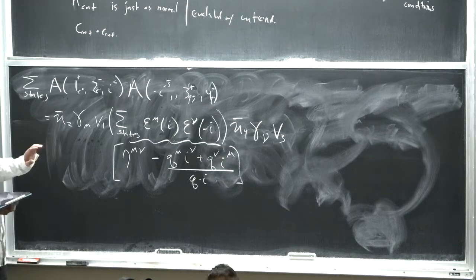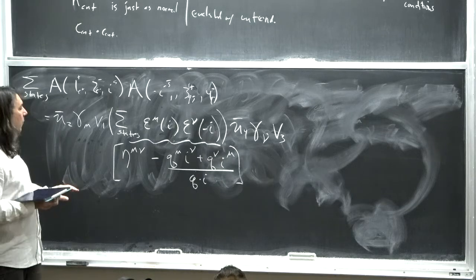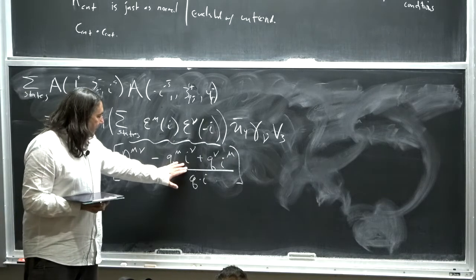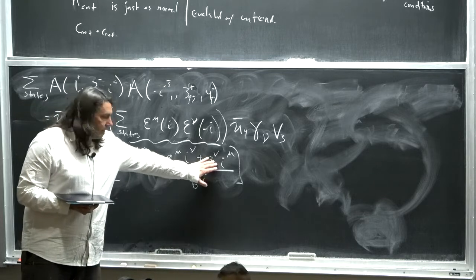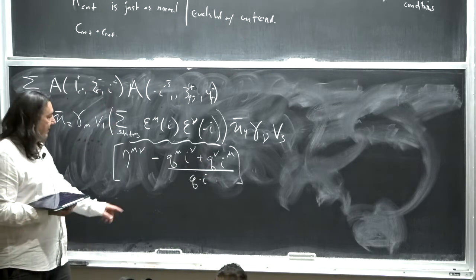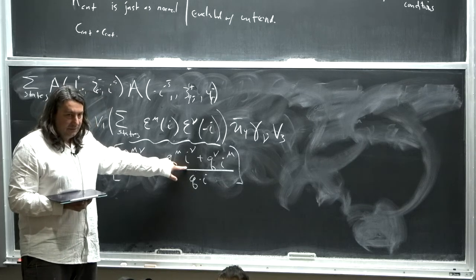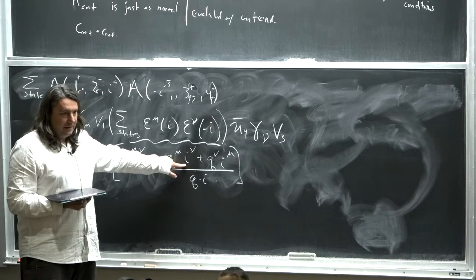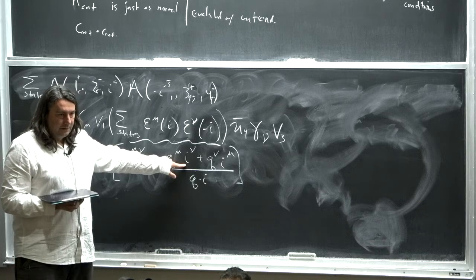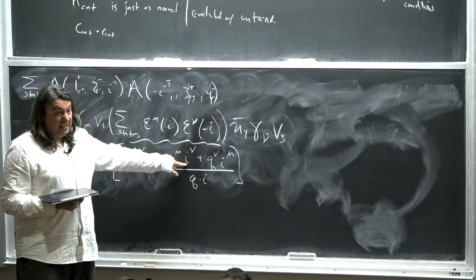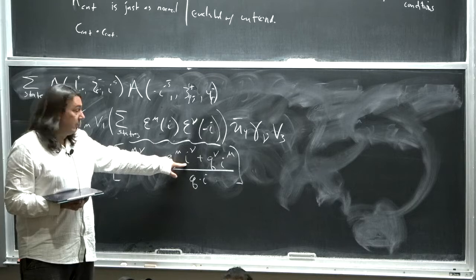So let's talk about why this term has to vanish and why this term has to vanish, and it has to do with what the on-shell conditions say I is. What's I squared? 0. And it's K1 plus K2, or it's K3 plus K4.